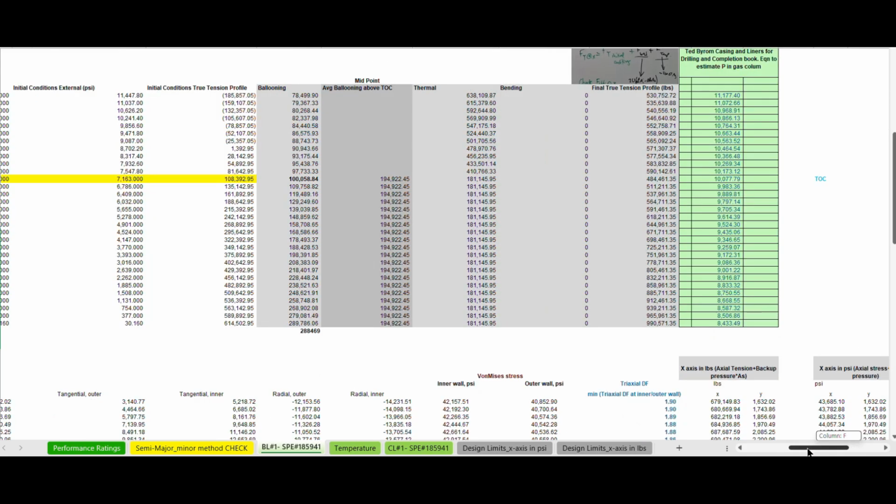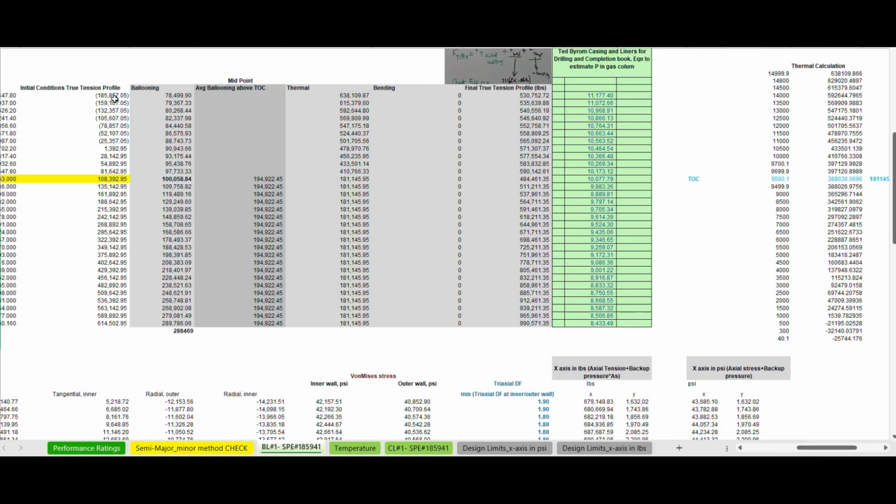So what we need to do is, as we mentioned, we have initial conditions, we have ballooning, and we have thermal stresses. We take the bending as 0, and then we come up with a final tension profile, which is the initial tension profile plus the ballooning plus the thermal plus the bending.